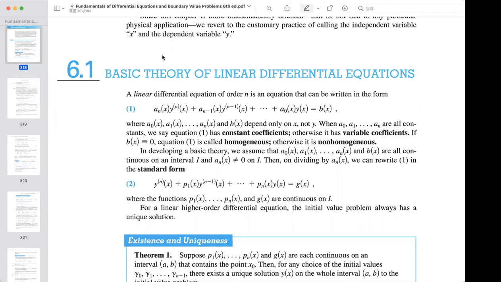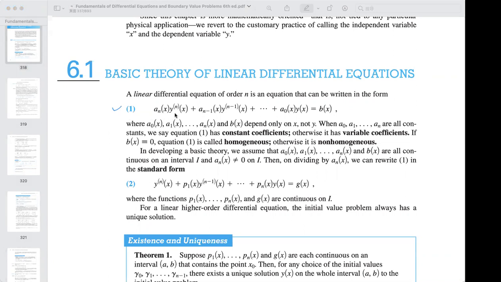Okay, good. So basically, a linear differential equation of order n is an equation that can be written in the following form. This is the general form of an nth order linear differential equation.